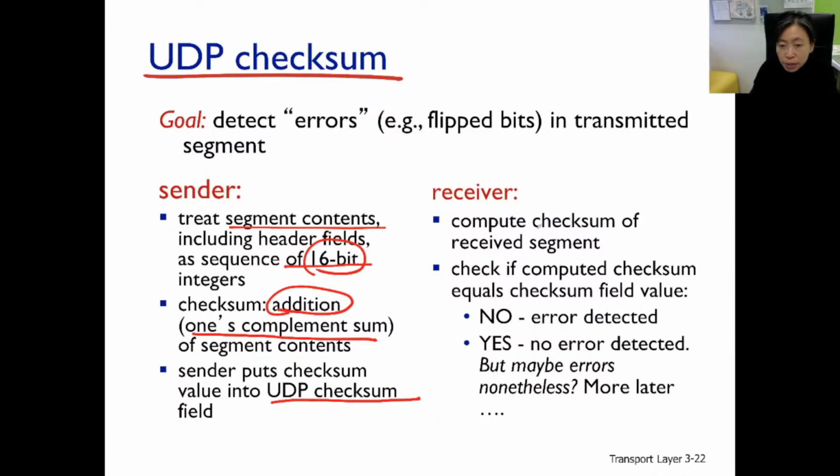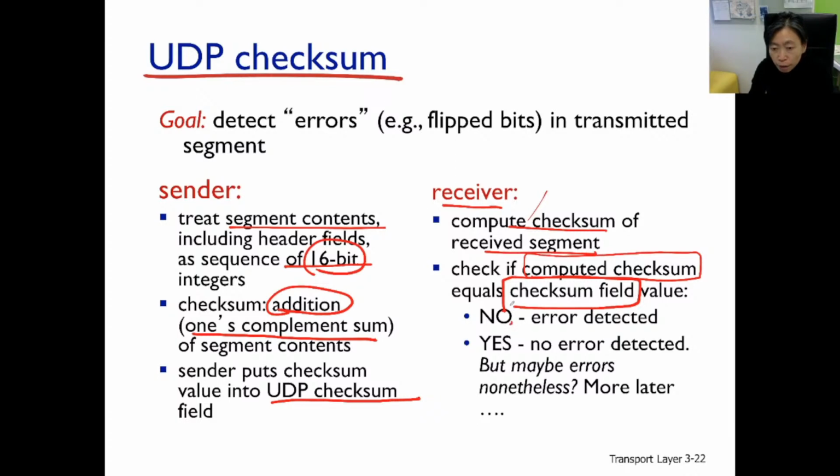All right. So when that UDP segment arrives at the receiver side, the receiver does the exact same computation: take the segment out, and compute the checksum. That checksum after computation is compared to the checksum field in the packet header. If there's no bit error at all, the two checksums should match, right?